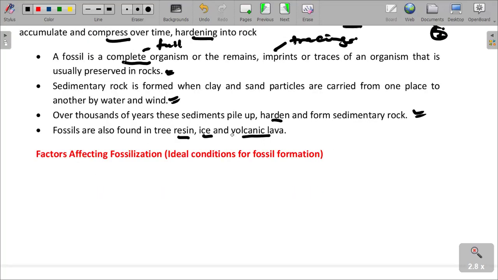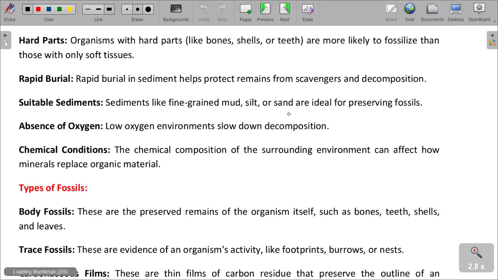So we want to quickly look into factors affecting fossilization, ideal factors contributing towards fossil formation. We have got ideal factors, hard parts. For fossils to form, there must be hard parts.